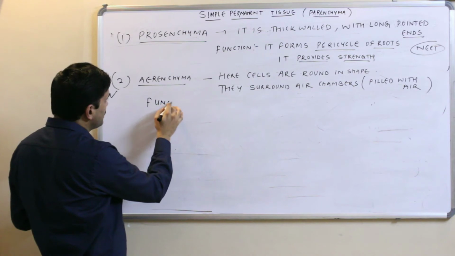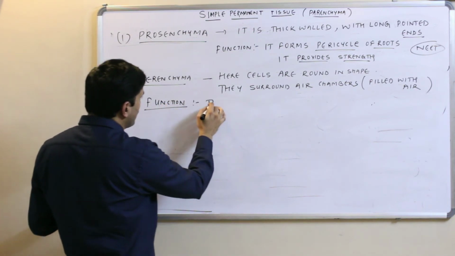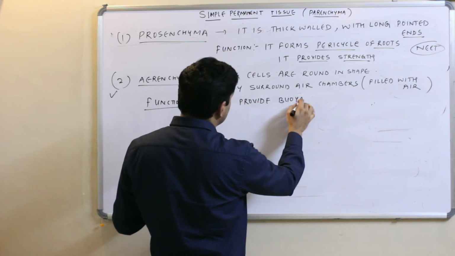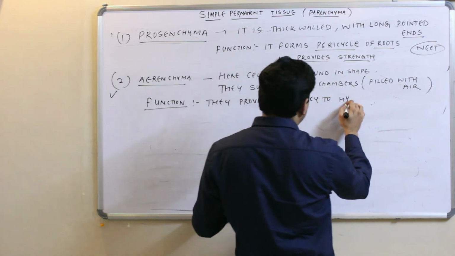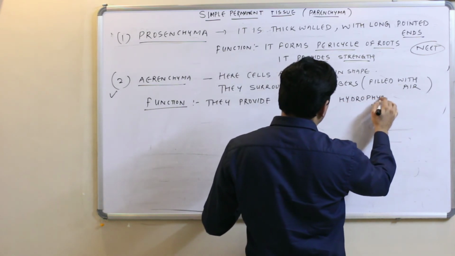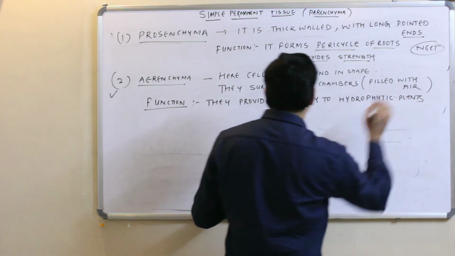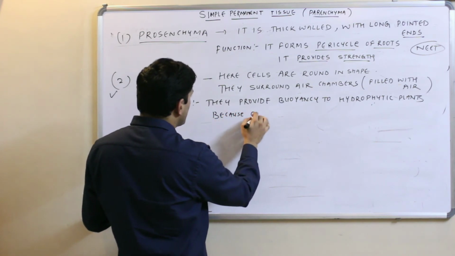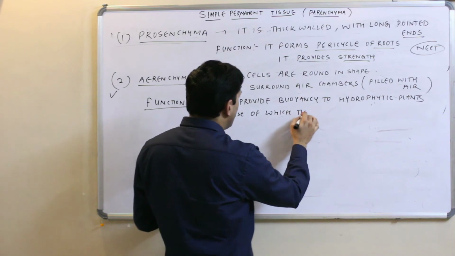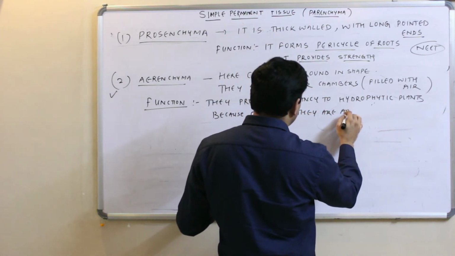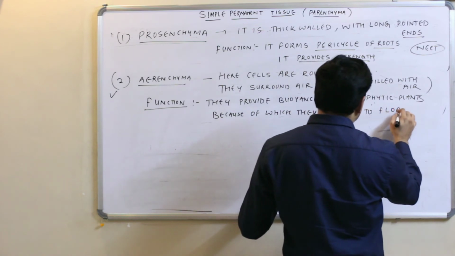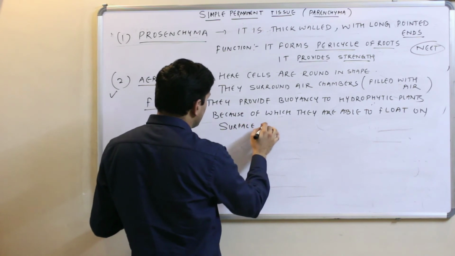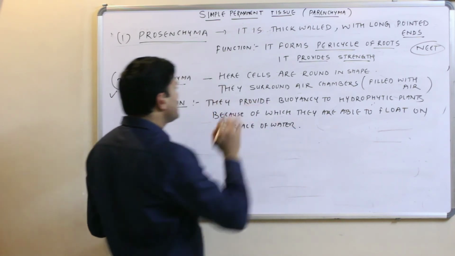And what is their prime function? They provide buoyancy to hydrophytic plants, because of which they are able to float on the surface of water.